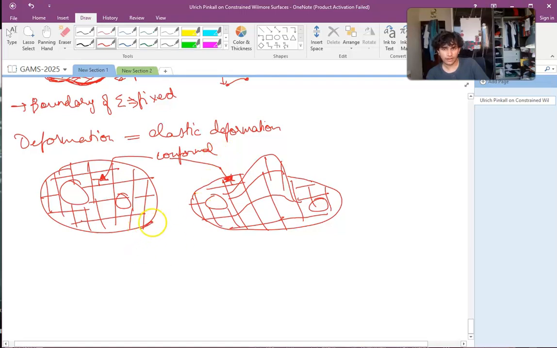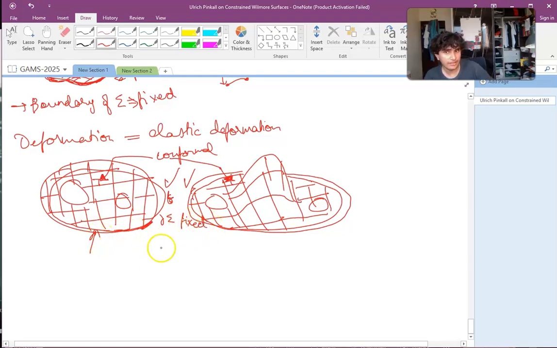Now around this boundary, everything is okay. They're both fixed. So boundary fixed, or I'll just write d sigma fixed. What else is there? We wanted the area to be the same, right?